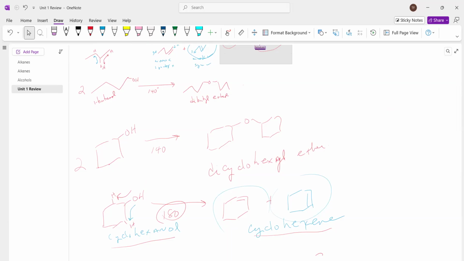Oh, I'm going to be a stickler if the problem is on naming. If the problem is a reaction, I'm not going to be as much of a stickler. But if I'm asking you to name something, then the naming is the whole focus. So commas versus dashes, not so much.